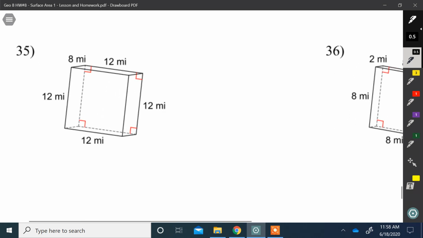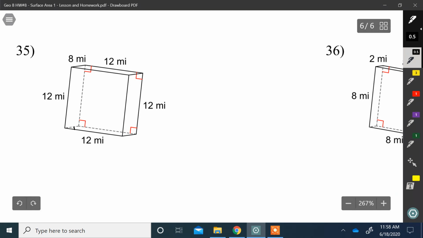Let me do this one here. This is what I see. For example, I have this one here, top and bottom. Okay, that's the top and the bottom. So it's 12. What is this right here? This is 8. They're saying it's 8.